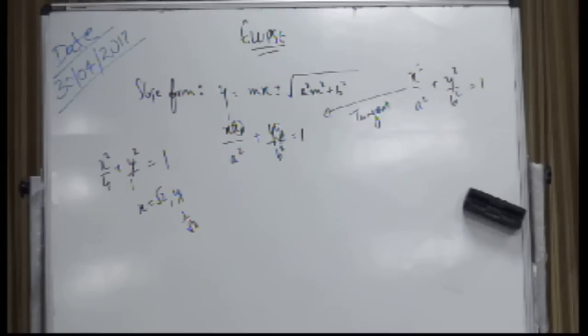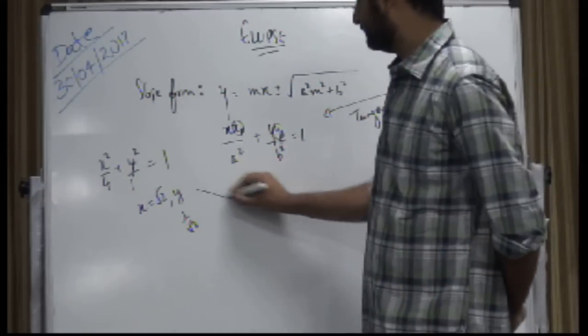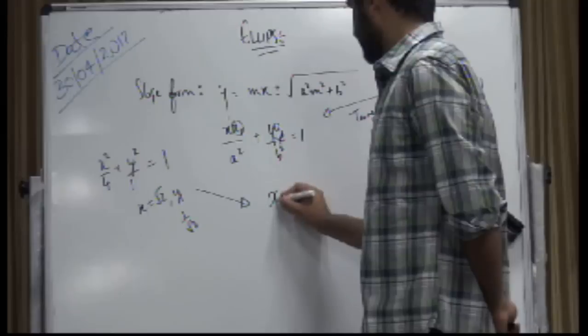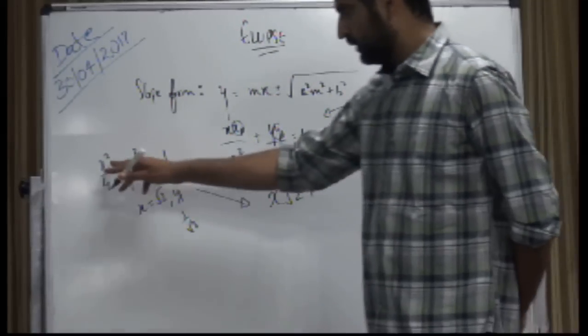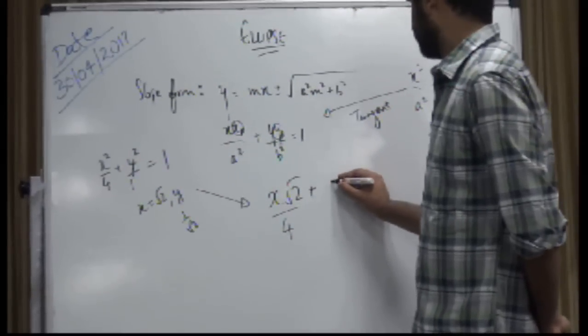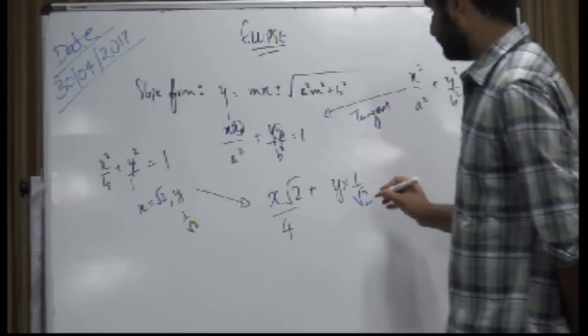Got the answer? Okay. So if we put the point x1 over here, we'll get x times root 2 divided by 4 plus y(y1) upon b square.